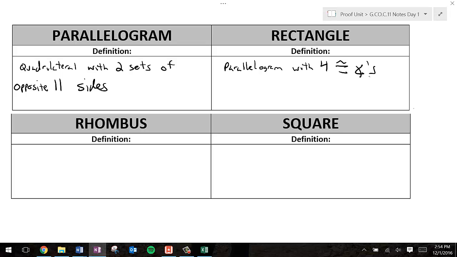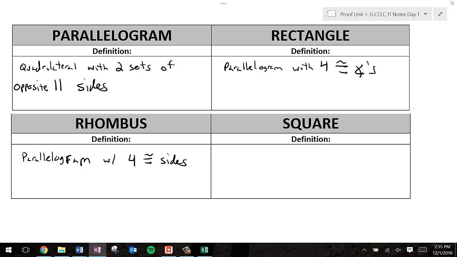Now, a rhombus is a parallelogram, only its special thing is that it has four congruent sides. Okay? So it's a parallelogram with four congruent sides. And then we have the square, which is really kind of the perfect figure in the quadrilateral world.